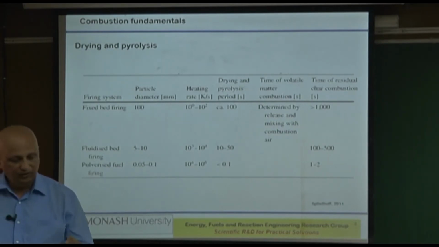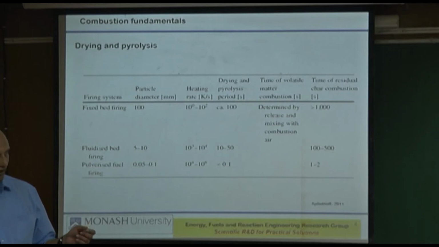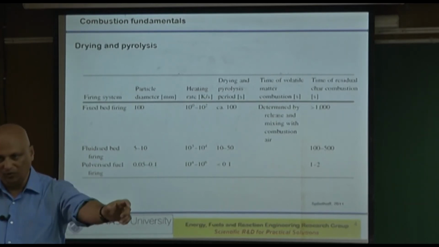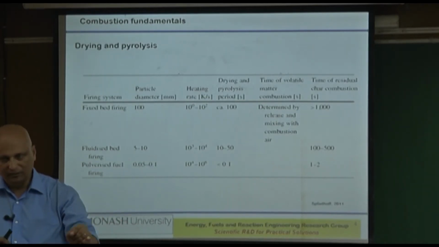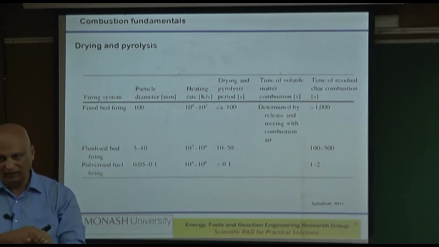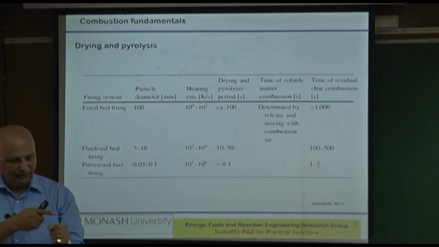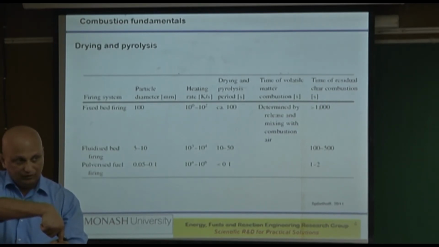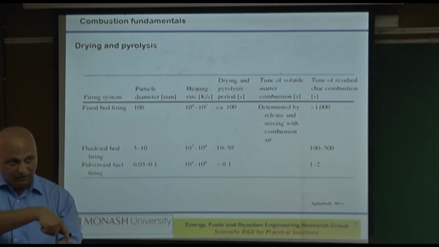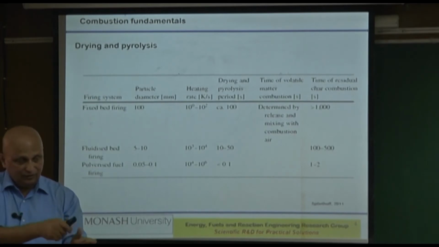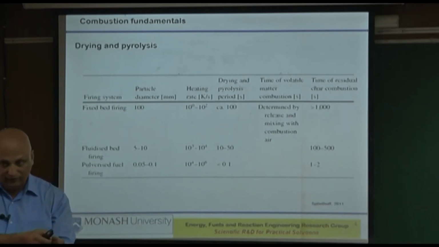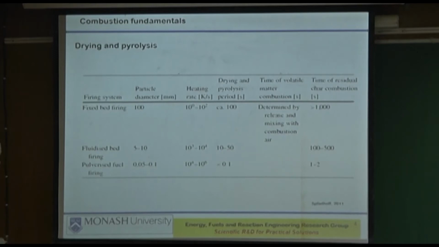When you put a particle, say in a PF fired case, inside the boiler, you are subjecting its surface to be heated, and therefore there is a gradient of heating rate between the surface and its core, the center. The temperature difference is actually the heating rate that it experiences. The smaller the particle, as is the case for PF fire, the higher the heating rate, as you would expect. So that's what these numbers signify.